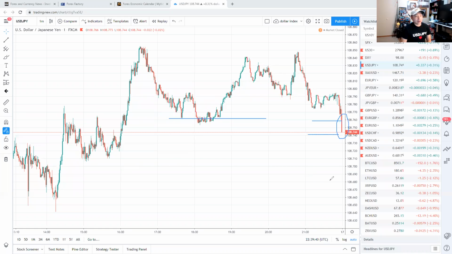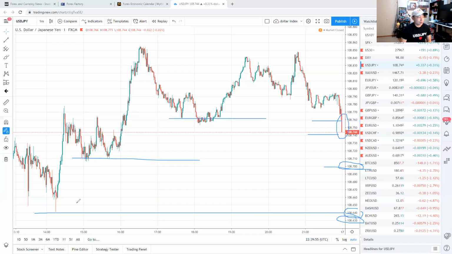And like I said, I'm looking for an opening gap on Sunday, right around under the 108.7 area, right around here, and right around here at 108.6463. So what I'm looking at is a 10-20 pip price gap on the opening gap on Sunday.